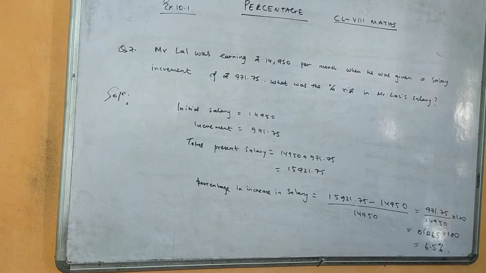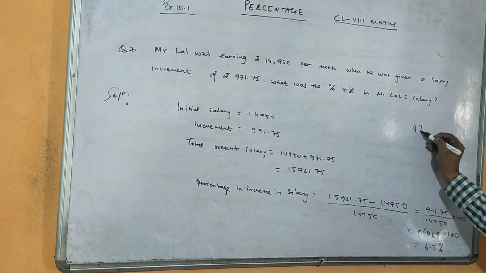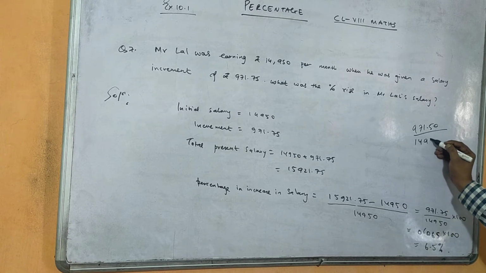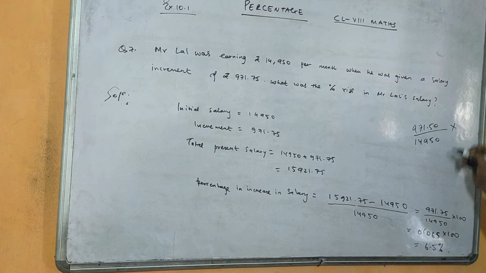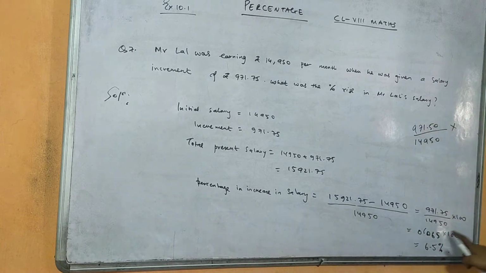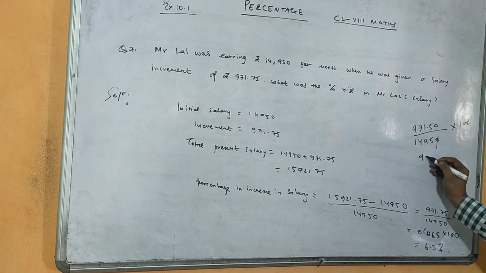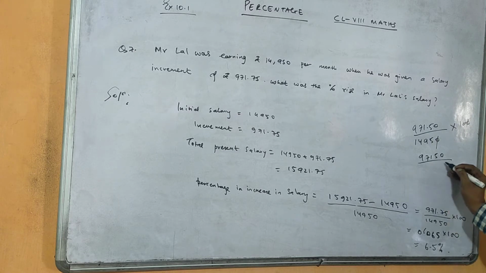Now how will you divide this? We have to divide 971.75 by 14950, and we have to find the percentage, so we have to multiply by 100, right? So remove the point, and we get 1495 into 100.